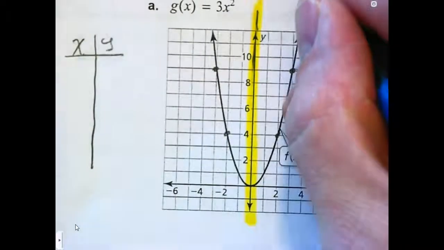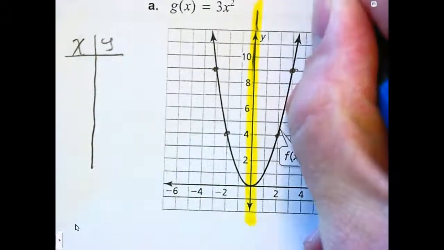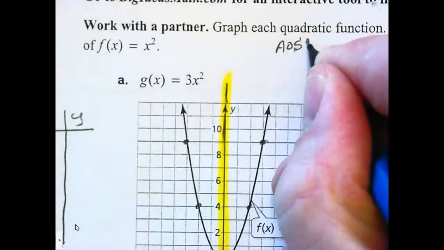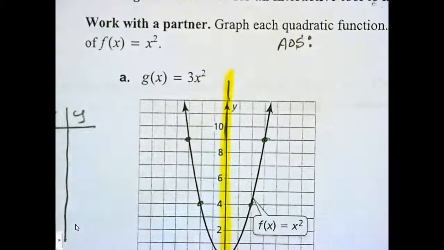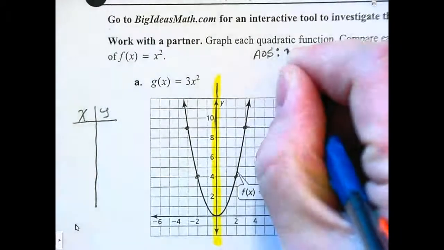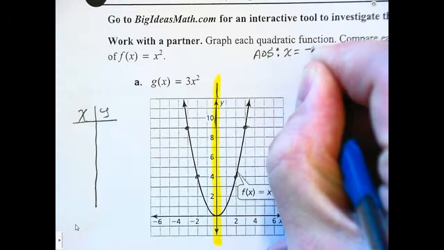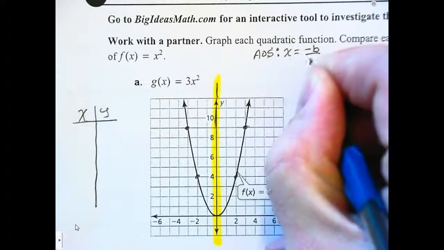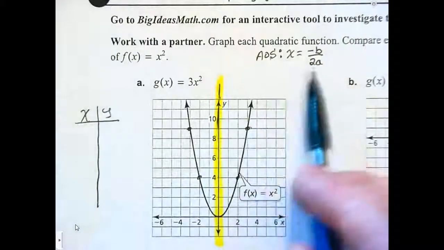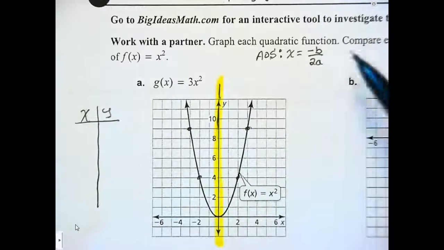Our axis of symmetry, which we will call AOS, is always located at x equals negative b, or opposite of b, over 2 times a. Now the next question usually is, what are a and b?